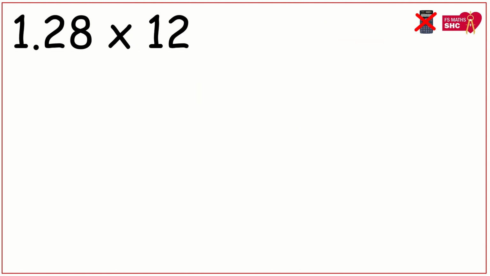Let's try another. This one's a bit longer because there are more numbers involved, but there are now 2 decimal places. And I'm going to ignore the decimal point now, and that's my new sum, 128 times 12.